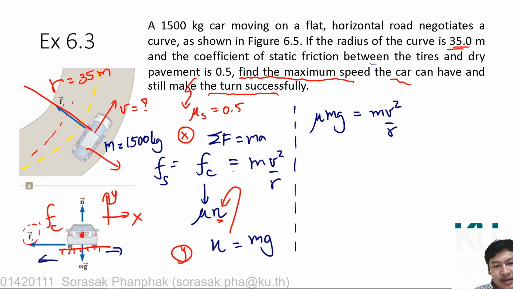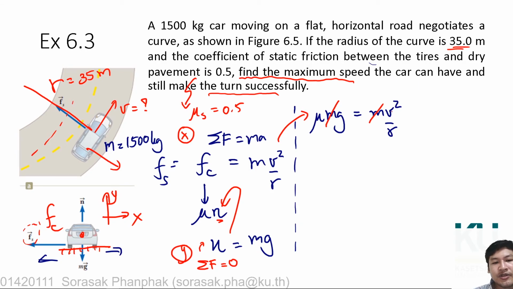As you can see, I can write this part and move to this step quicker if I have the experience of calculating from Newton's first law, right? We can get rid of m on each side.